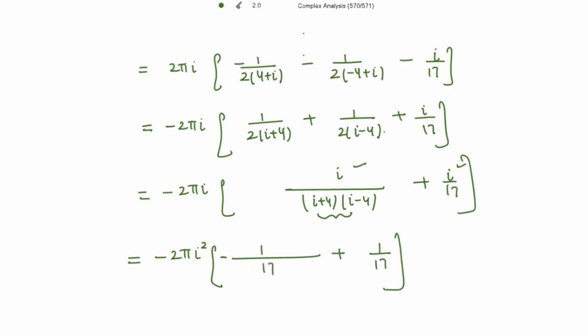So this is minus 1 by 17. And iota square is negative 1, so this is also cancelled out with this. So we have 2 pi into, these two cancelled out, 0. So the value for the given integral is 0. Okay, thank you.